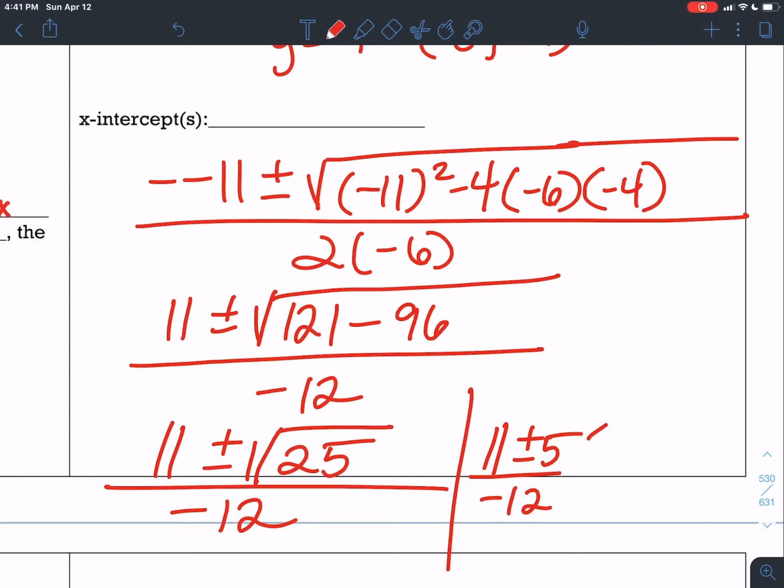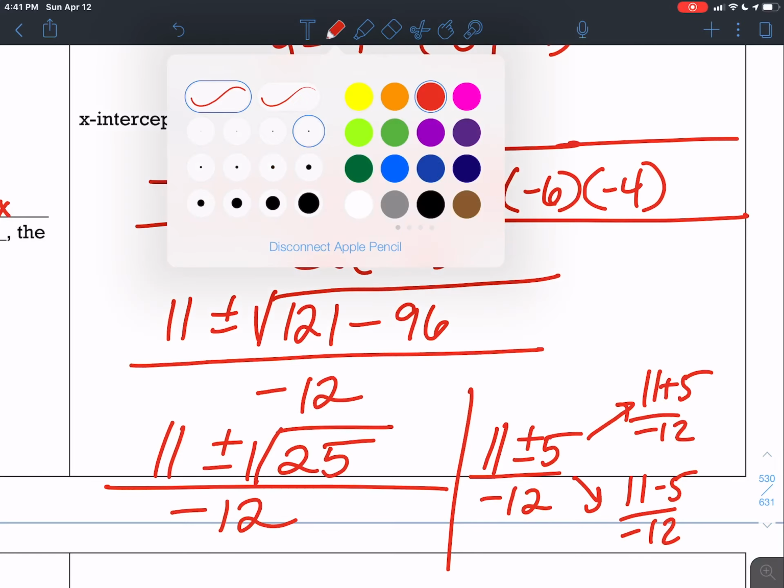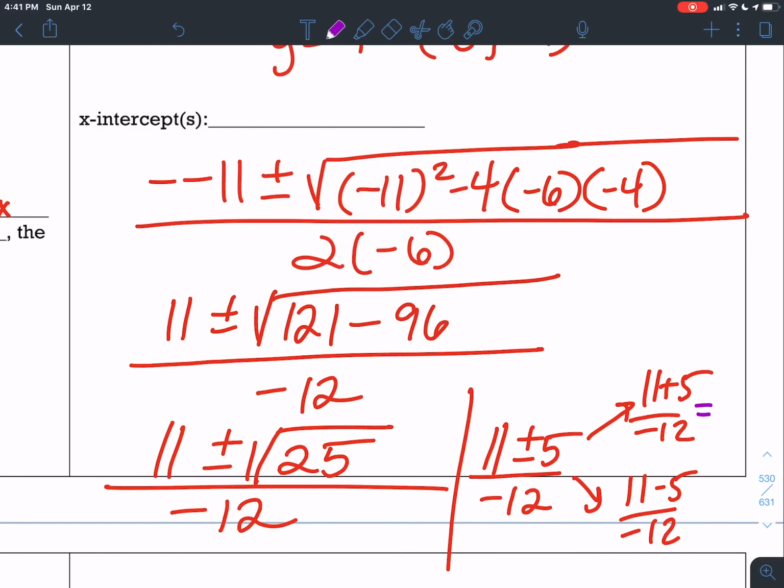Let's split. 11 plus 5 over negative 12. 11 minus 5 over negative 12. And these guys would simplify down to 16 over negative 12, which is about 8 over negative 6, negative 4 over 3, so negative 1.33, and 6 over negative 12, that'd be negative 0.5.